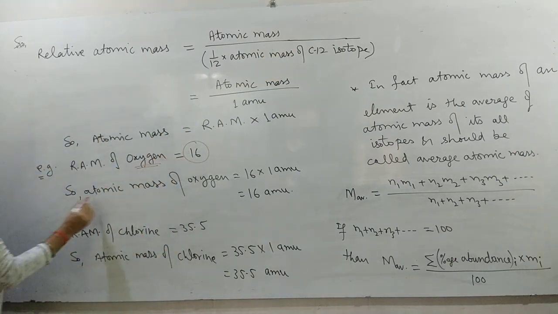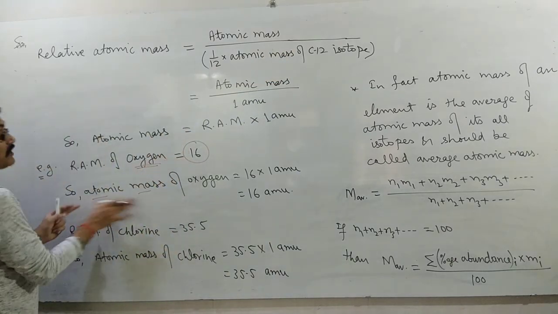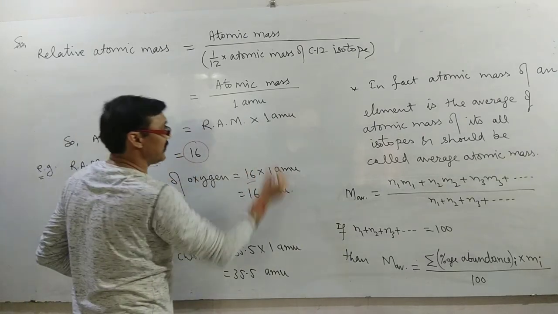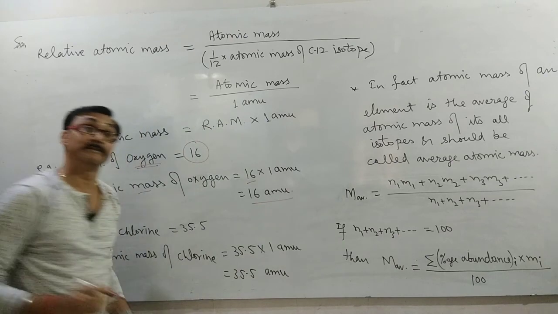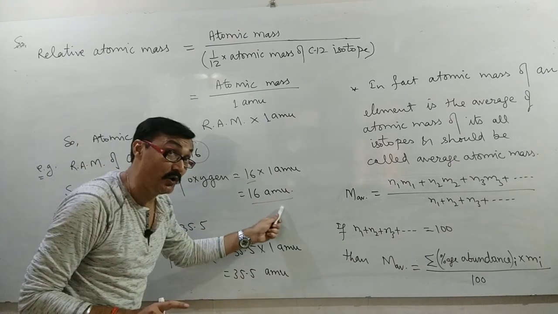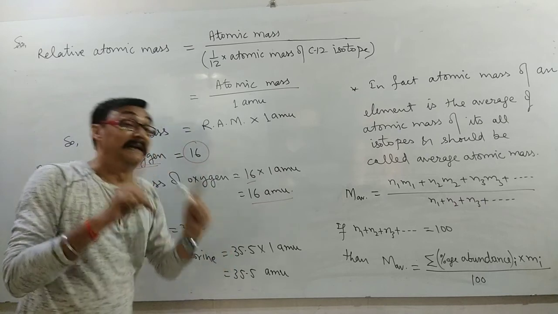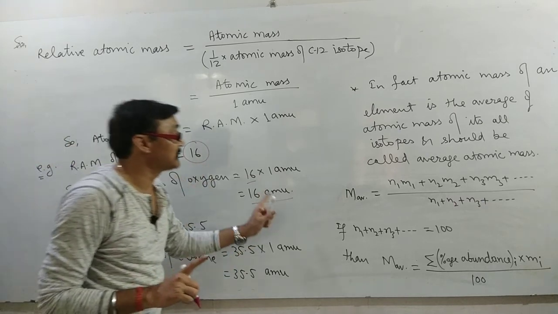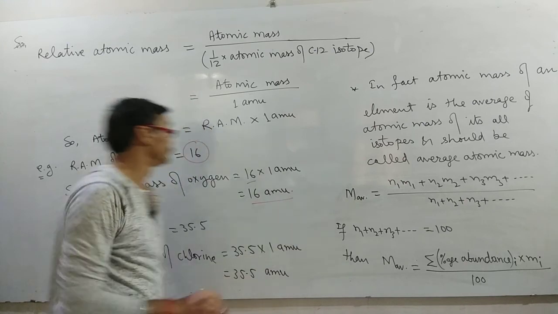So atomic mass of oxygen is equal to relative atomic mass 16 into 1 AMU, that is 16 AMU. Mass of one atom of oxygen is 16 AMU. Mass of one atom has a unit of mass, and that unit is AMU or U.